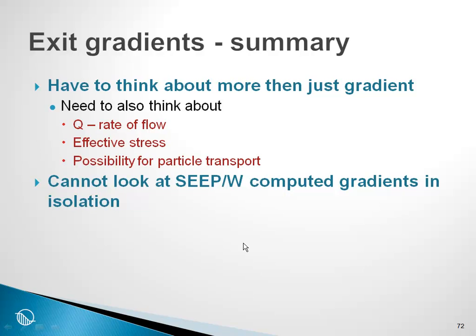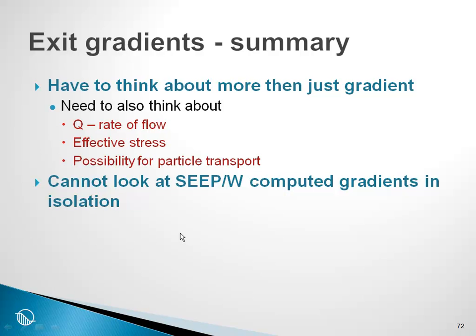So in summary, we have to think about more than just gradients. Let me repeat. We have to think about more than just gradients. We also need to think about flow rates, and we need to particularly think about effective stresses. High gradients under high overburden stresses may not be a problem at all. It's only a problem when the effective stress tends toward 0.